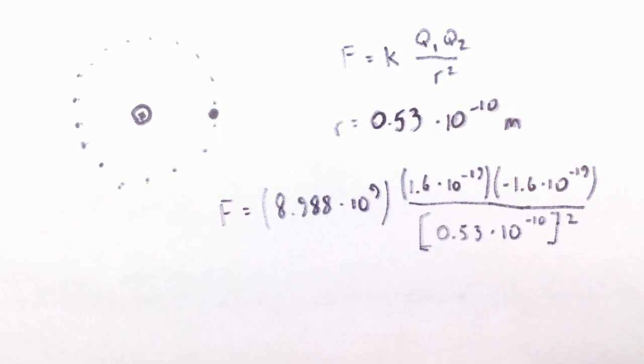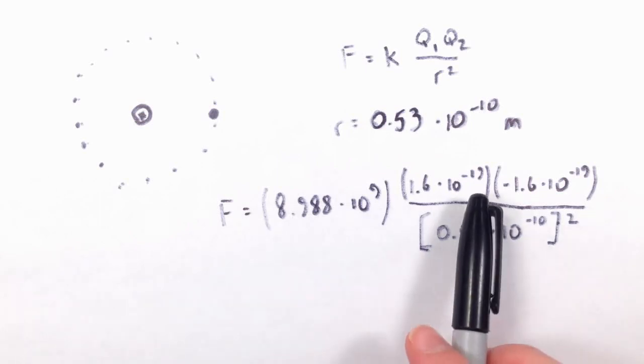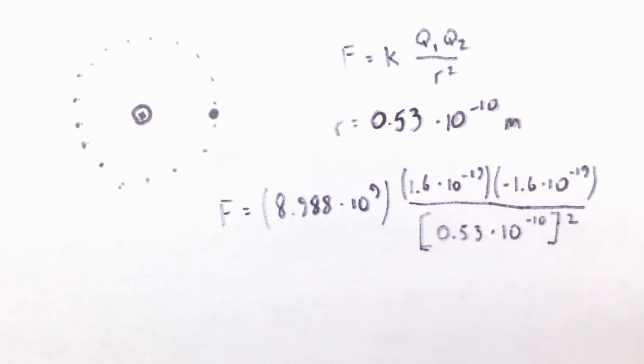Okay, so this right here is a scientific notation nightmare. If you're going to enter this into your calculator, be super duper careful. Make sure that you put parentheses in all the right places. Negative 19 on the top, that's going to be an exponent of negative 38.